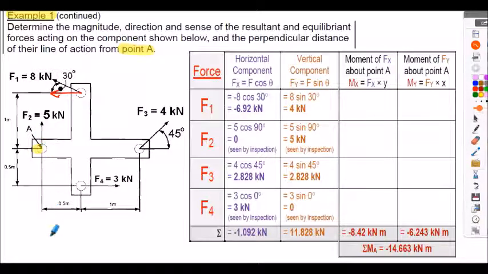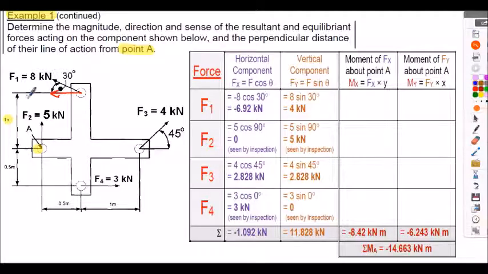So whenever we're calculating moments, we need the perpendicular distance of our force about point A. So in this particular case, we've got the 6.92 kilonewtons applied in the sense shown, and the perpendicular distance we are about that point is 1 meter, shown here. So considering the line of action of the force here, this component, it's in the horizontal sense.